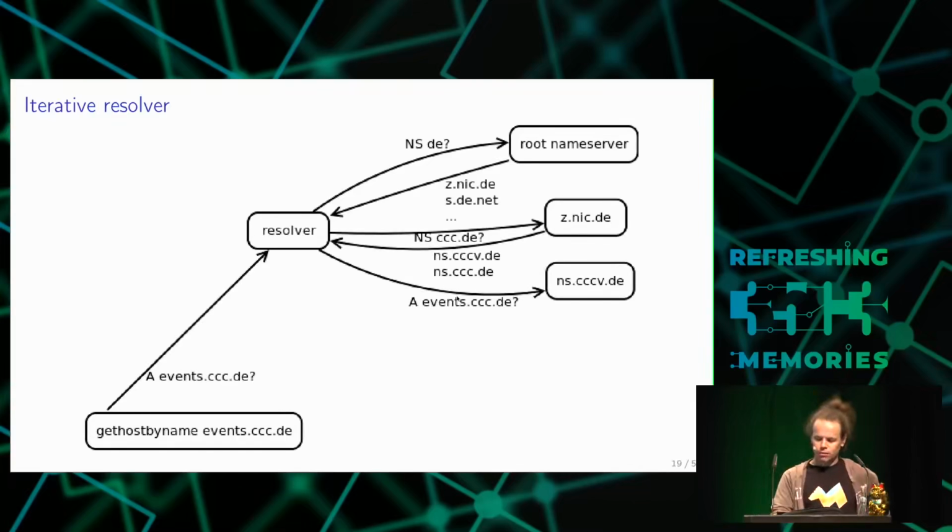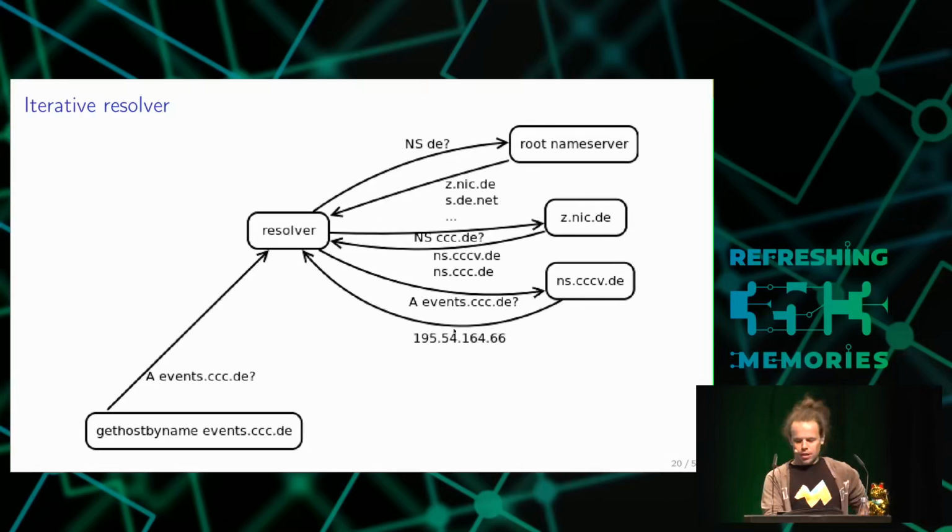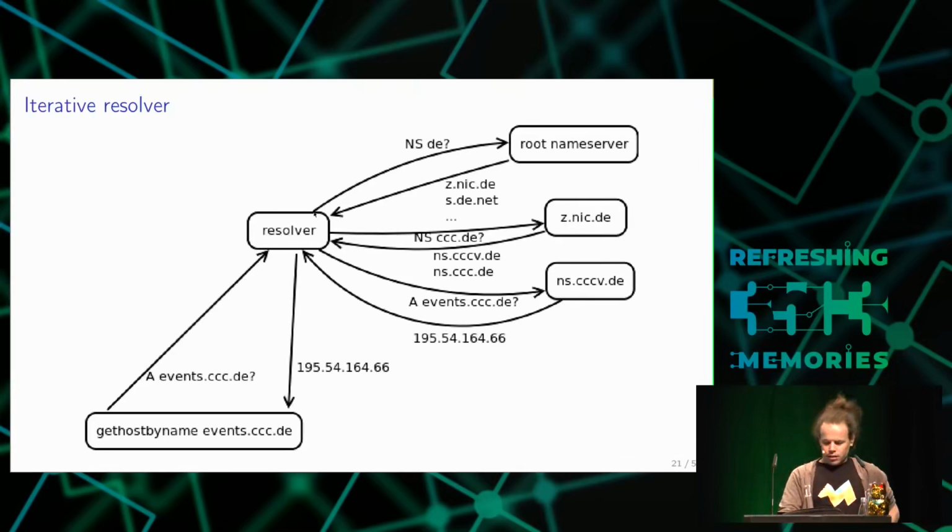Then it asks who is responsible for events.ccc.de, and that one replies with the IP address. This IP address is then answered by the resolver to the getHostByName Unix function. That's how an iterative resolution works.